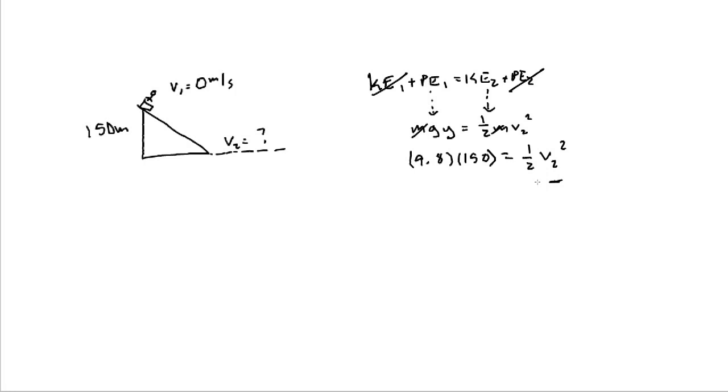Now, let's talk about kinetic energy for a second. And kinetic energy is, again, 1/2 mv squared. And let's say I double an object's speed, and I want to know what happens to my kinetic energy.